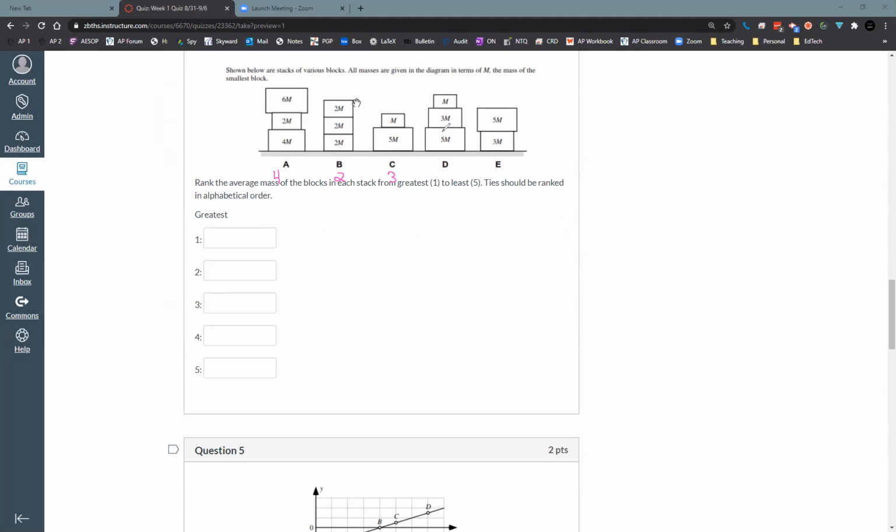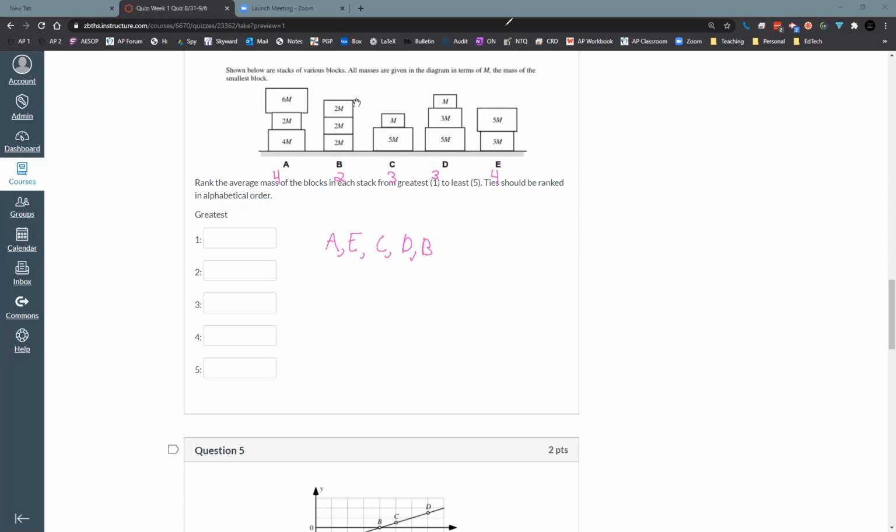This stack is 9 divided by 3 gives me 3. And this stack is 8 divided by 2 gives me 4. So in this case, A and E are tied for the top with 4. Then we have C and D tied for 3, and again, you would do those in alphabetical order. And then B picks up the rear with 2.